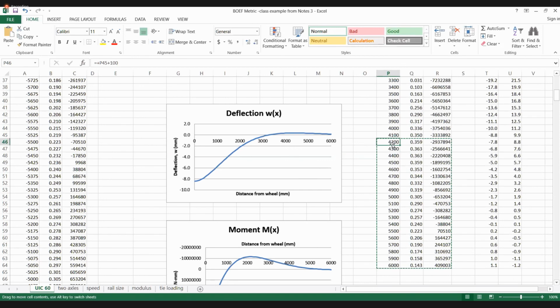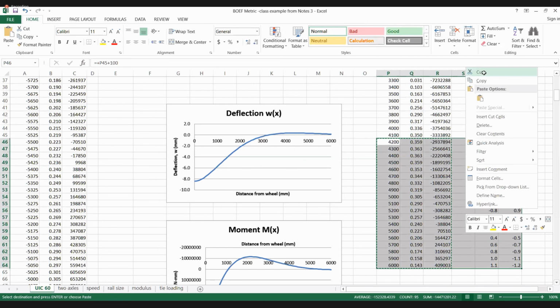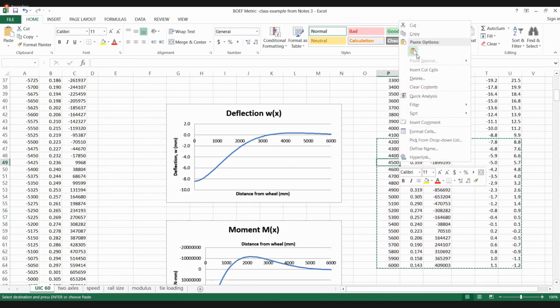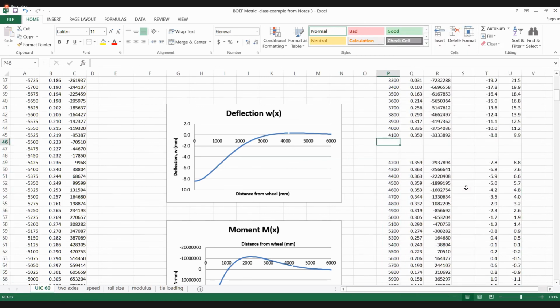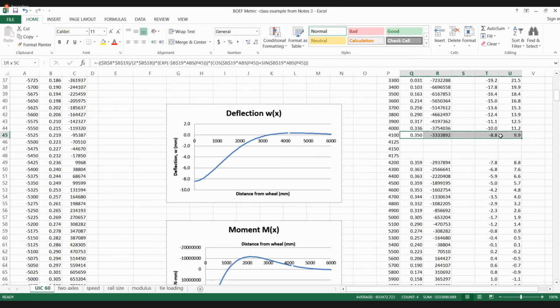Let me do the whole thing here because this is going to have to follow. If I wanted to have, you can see it's changing.